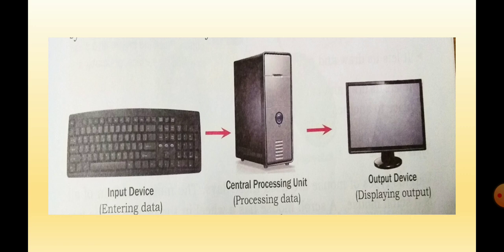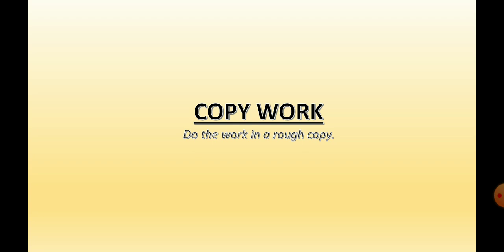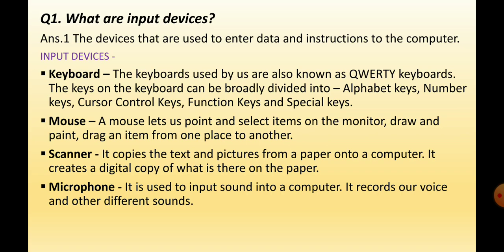Alright, so this is it with your IPO cycle. Now we come to the question and answers. Copy work, that is you have to do in a rough copy, as we are revising these things. This is not the new syllabus. You can write down in a rough copy, because these questions and notes will be helpful to you in making the activities.